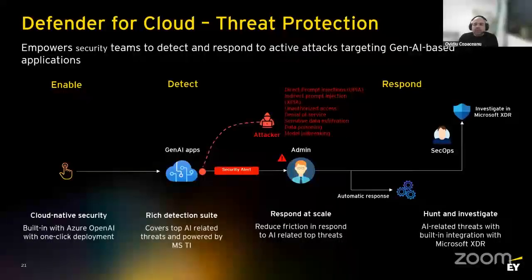All right, so a typical attack scenario will look like this. Defender for Cloud takes advantage of the prompt shields feature of Azure AI content safety behind the scenes, which intercepts the first call before calling the model, right?